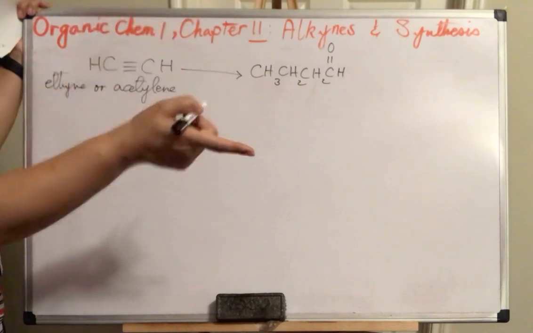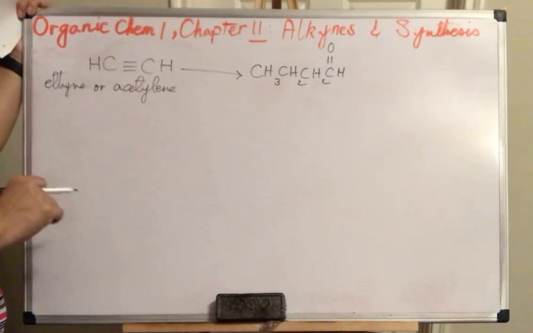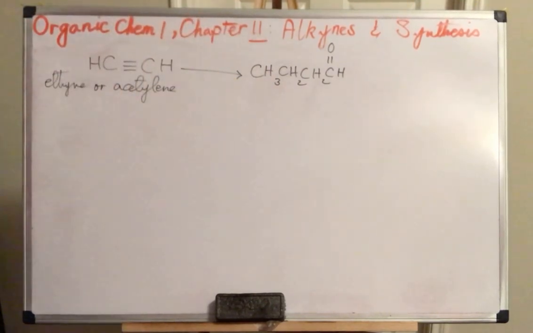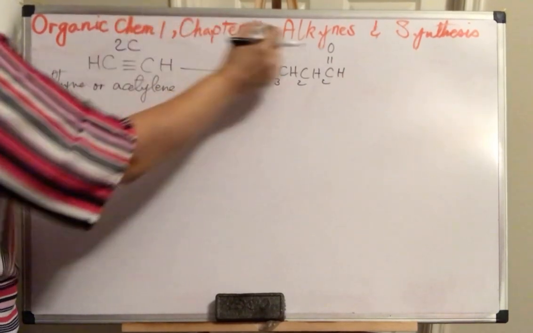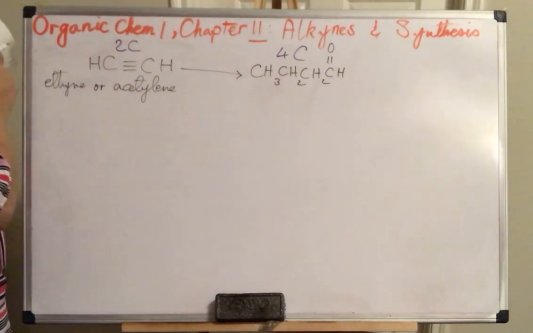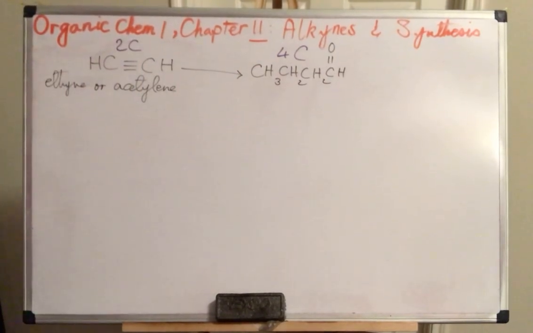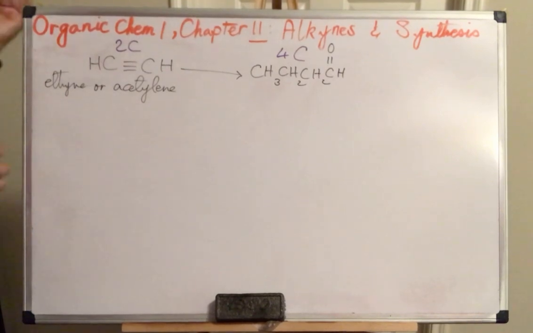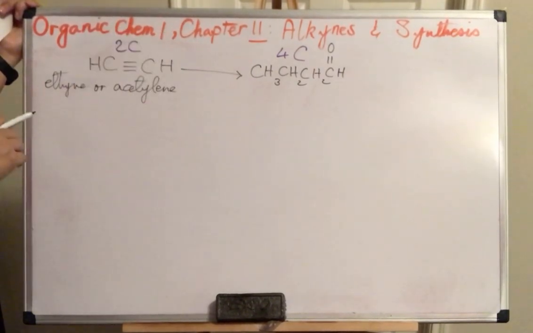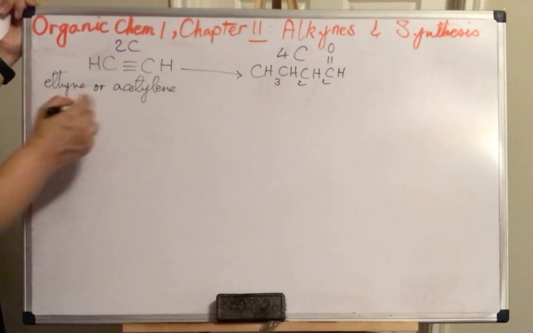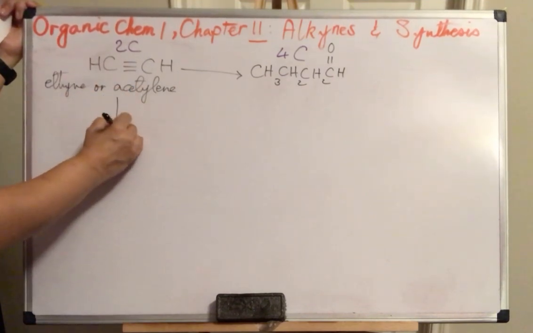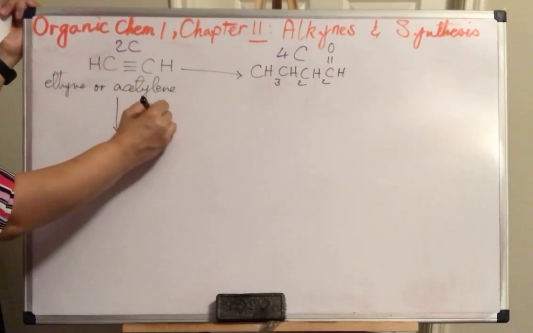So, one more time, retrosynthesis. Let's compare the number of carbons between these 2 compounds. 2 carbons versus 4 carbons. So for sure we are going to add to our compound. Now, how many carbons do we need to add to this compound? 2. So let's first add NaNH2.